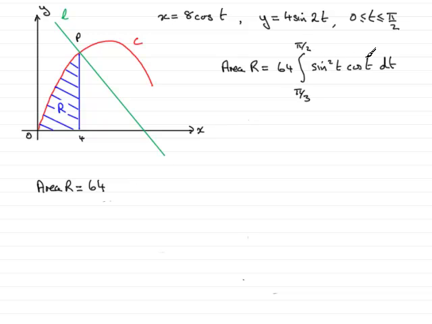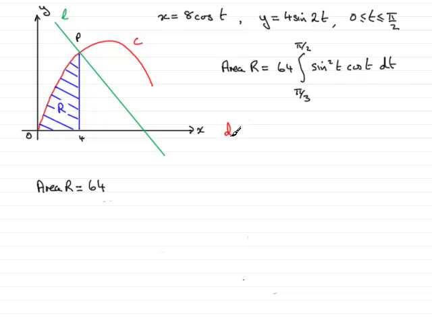Now to do this integral you should be able to recognize this integral straight away. The answer is it's a third sine cubed t. But let me just show you how I've arrived at that.